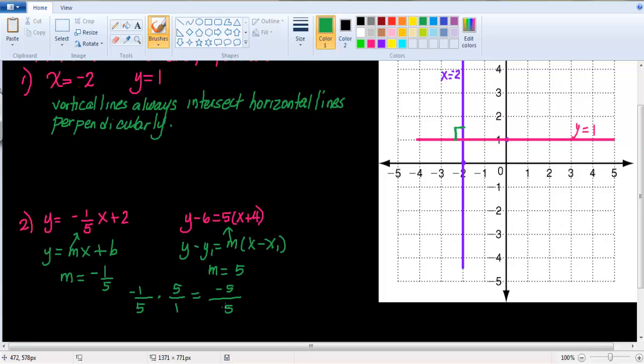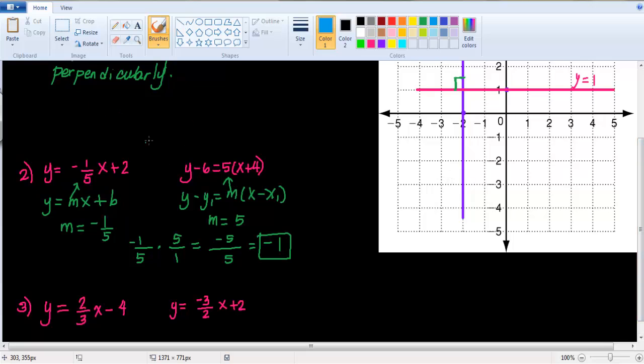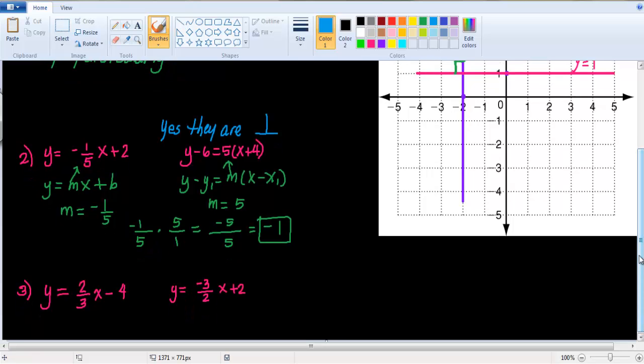That gives you -5/5, which is -1. If you multiply the slopes and you get -1, then that means that the lines are perpendicular. And you say, yes, they are perpendicular. And here's the symbol for perpendicular. Okay? If you don't want to write that long word.